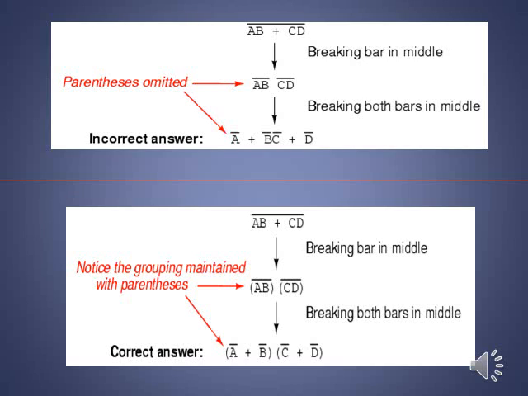Now, when you omit the parentheses in this case, what may happen is this may become A bar plus B bar, dot becomes plus, C bar plus D bar. Now there is a mistake in this breaking because we have omitted the parentheses. That becomes a wrong answer.